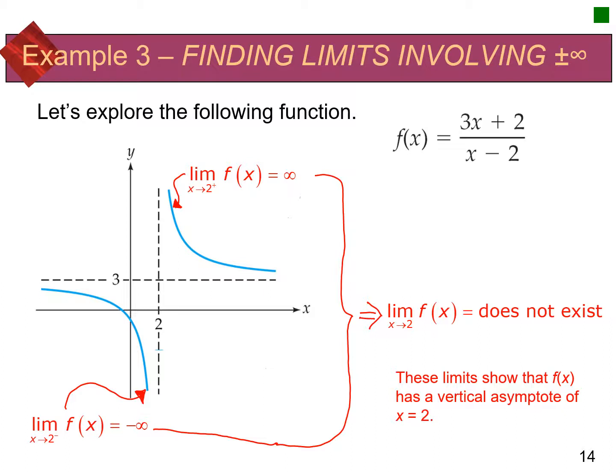If x is approaching infinity or negative infinity and I'm getting a number, that indicates a horizontal asymptote. If I am approaching a particular number and I'm getting values for my limits that are involving infinity or negative infinity, that means I'm dealing with a vertical asymptote at that point. If the left-hand and right-hand limits don't agree, then the limit does not exist, but I can still have a vertical asymptote.